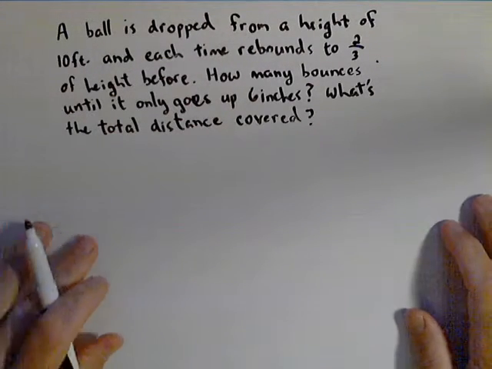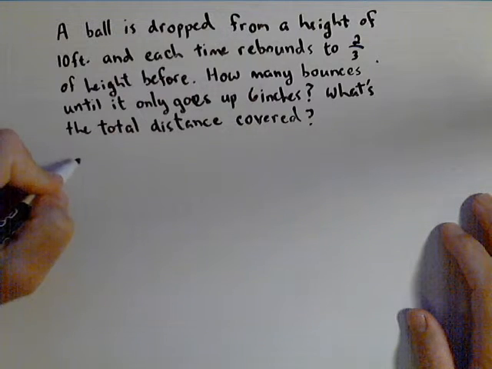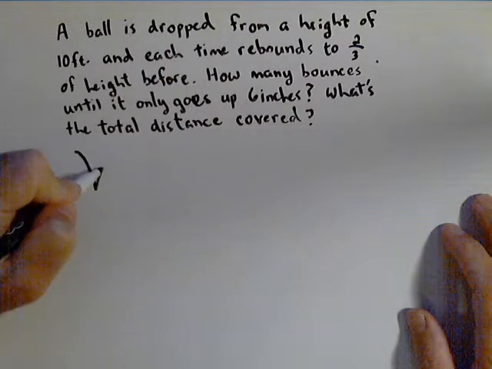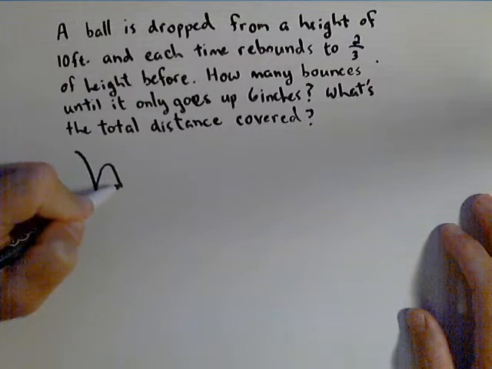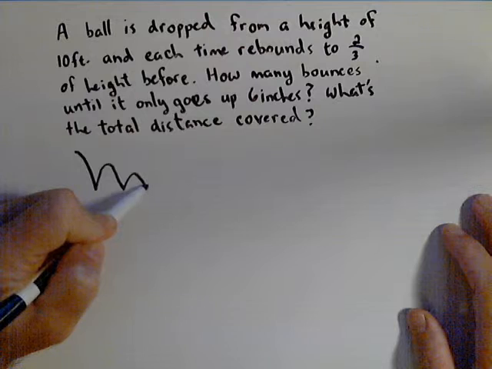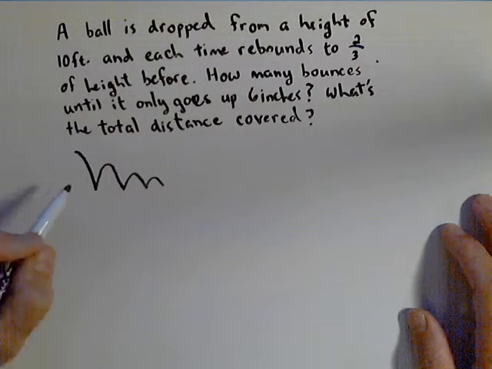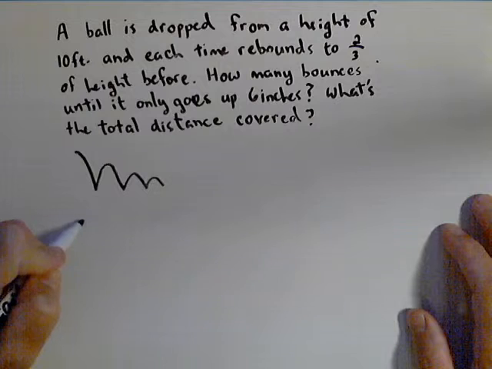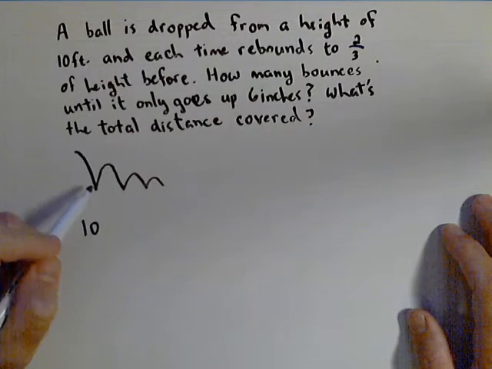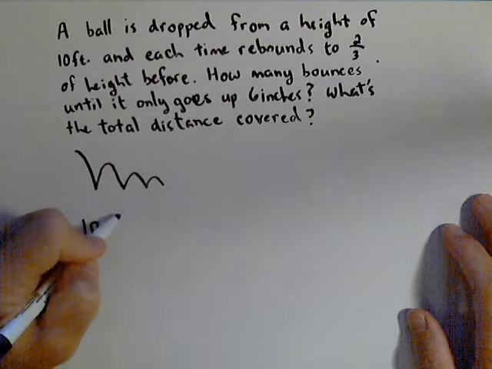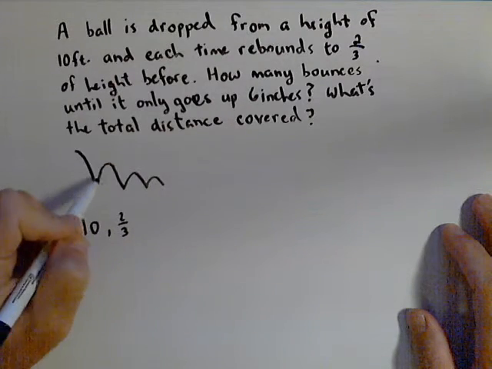So let's think about what happens. It gets dropped from 10 feet, then it bounces, and it goes up to only 2/3 of that and goes back down. Bounces 2/3 of that, and so on and so forth. So when it first falls, it covers 10 feet. Then it bounces back up and it does 2/3 of that.